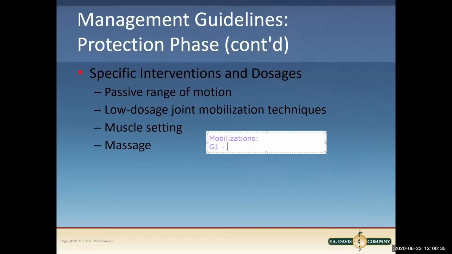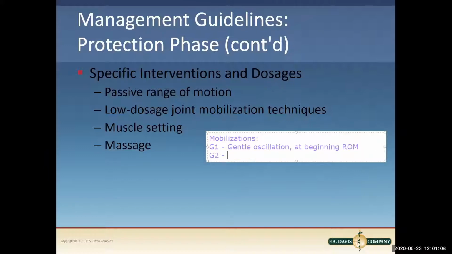Grade 1. How would you describe a grade 1? Grade 1 is just the little gentle oscillations, right? So I often say it's a gentle oscillation at beginning range of motion. So that's a grade 1.